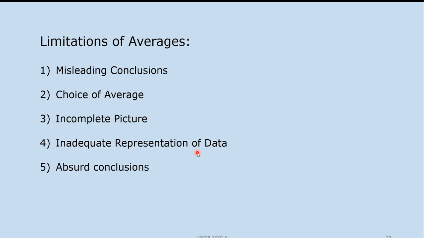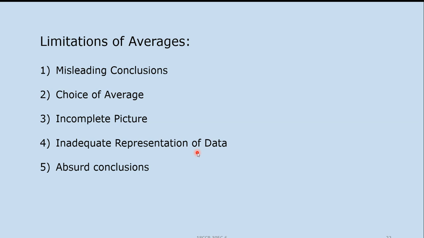These averages itself are not used for decision making in all cases. Averages along with other statistical methods we will take for decision making. So misleading conclusions will be there depending on the average.